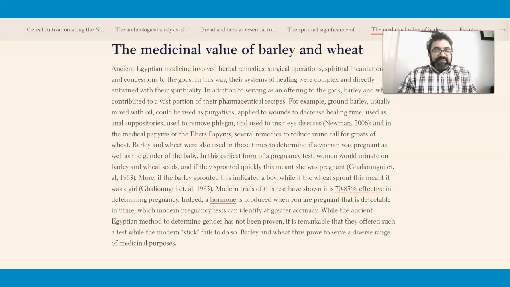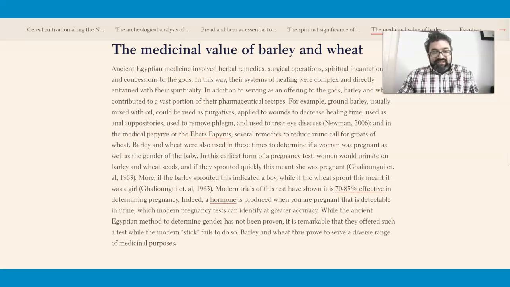The Ebers Papyrus is a medical papyrus, a treatise with several remedies to reduce urinary urgency or frequency of urination, and that calls for wheat. So in some way, they were aware of one of the major symptoms of diabetes.